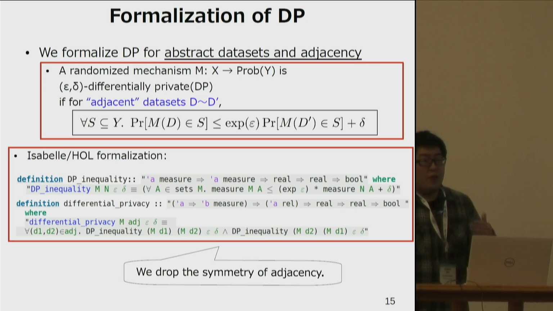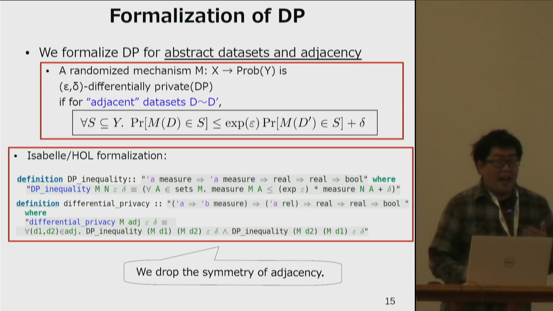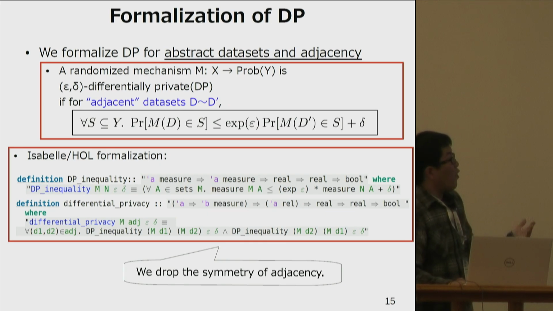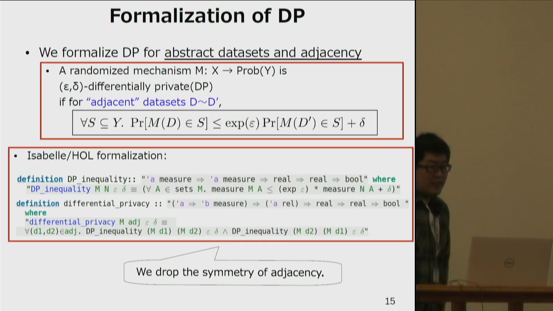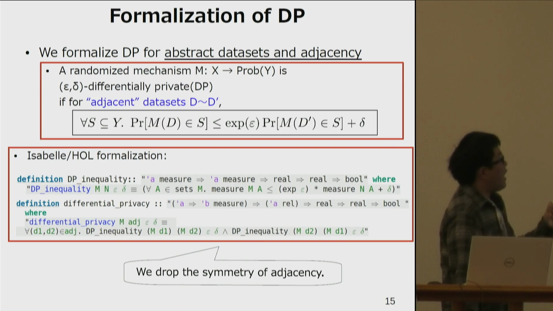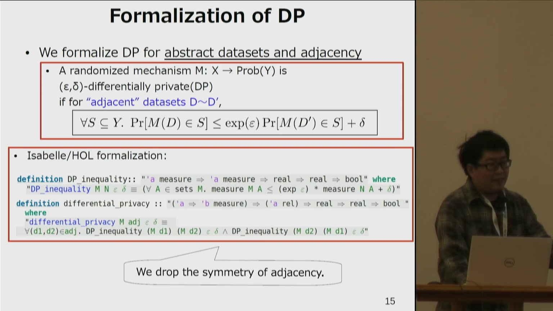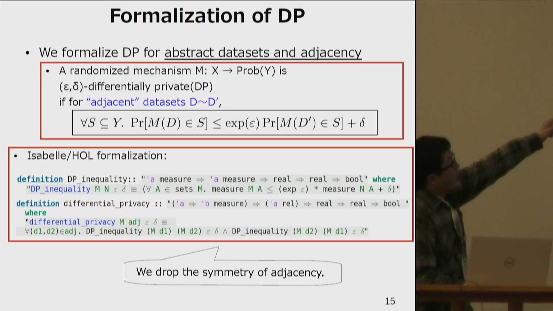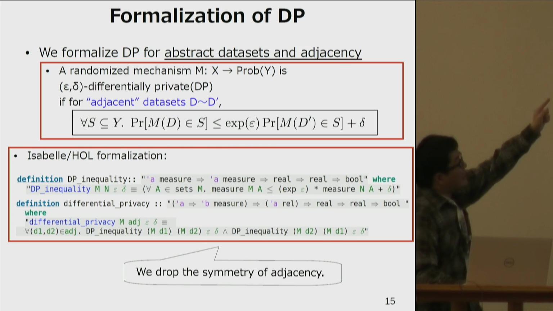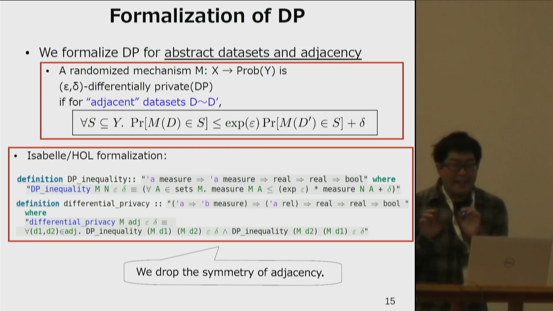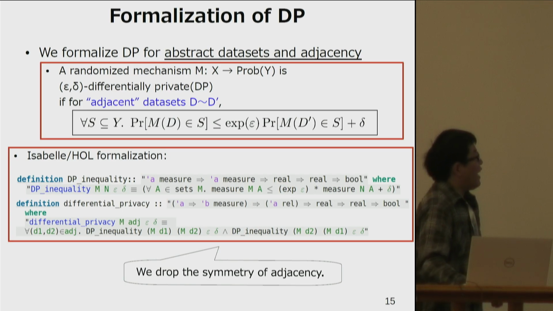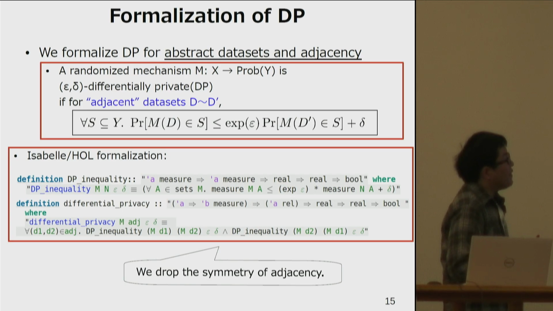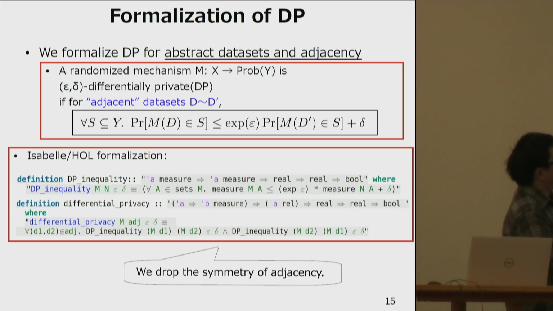Then we finally check the Isabelle/HOL formalization of differential privacy. So we recall the definition of differential privacy. A randomized mechanism M is epsilon-delta differentially private if for any adjacent data sets D and D prime, the distributions M(D) and M(D prime) satisfy this condition.